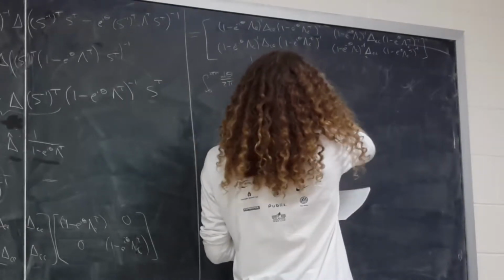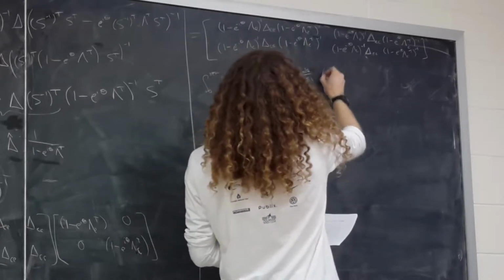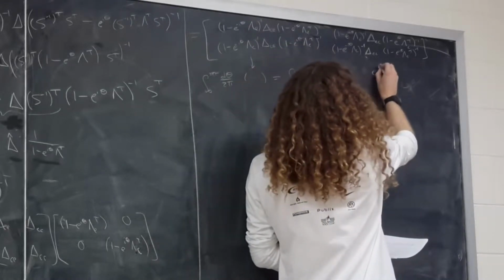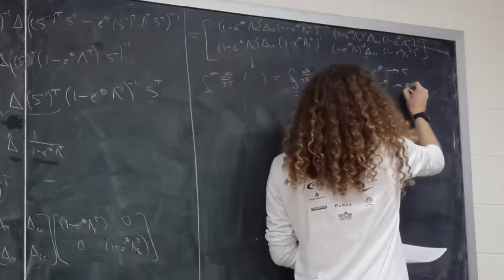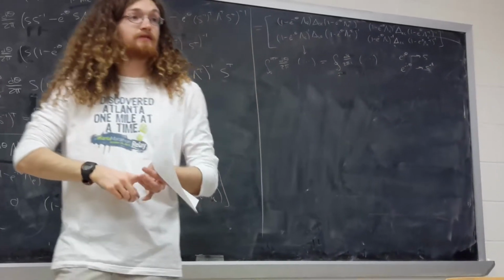It's the same thing, except now instead of writing theta, you write it as z: e to the i theta goes to S, and e to the minus i theta goes to S inverse.